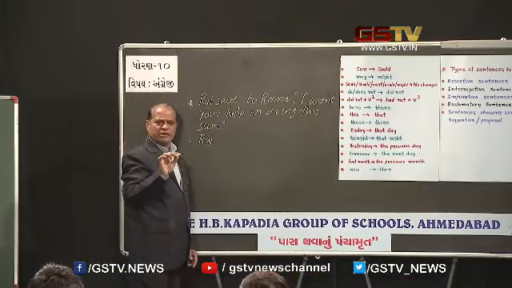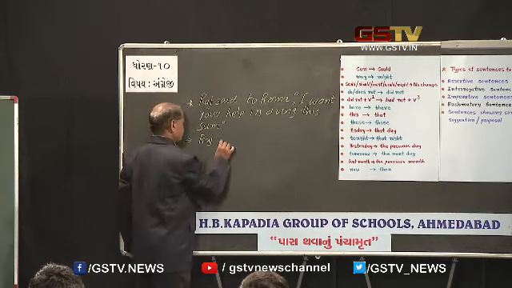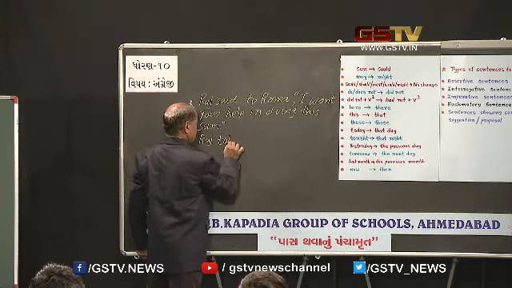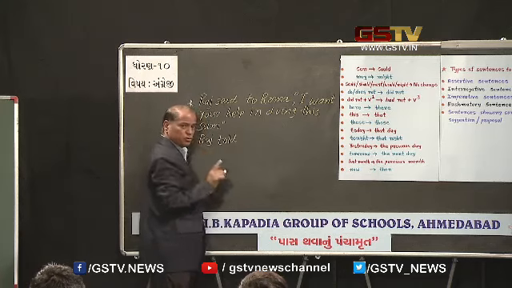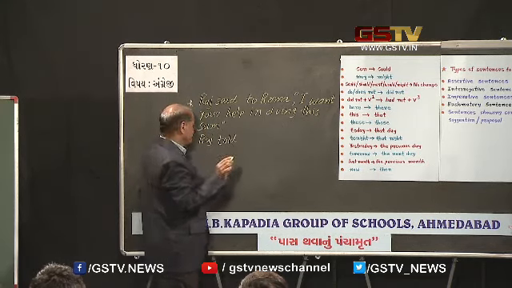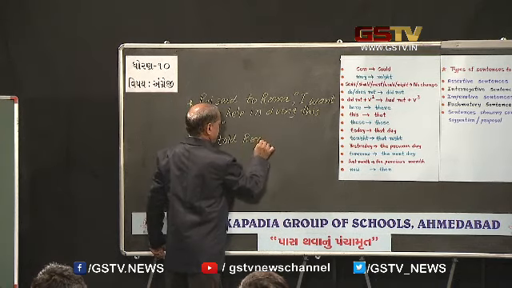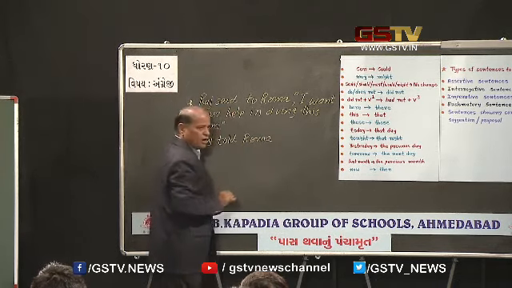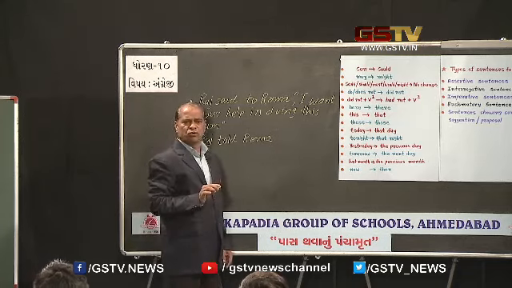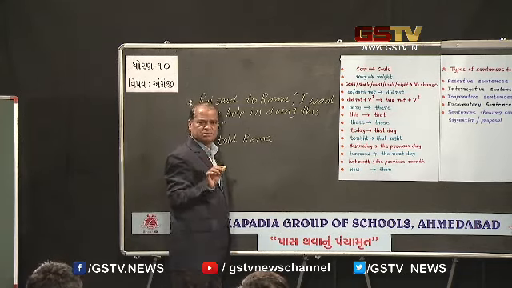Said to will be converted into told, and you do not have to write to after told. After that, in place of inverted commas, we have to write the conjunction that.